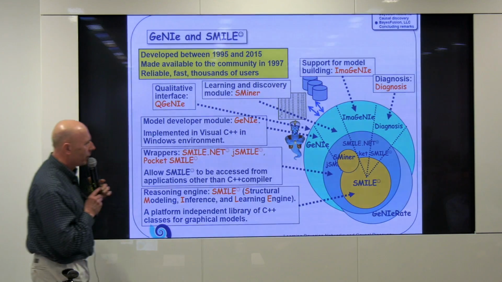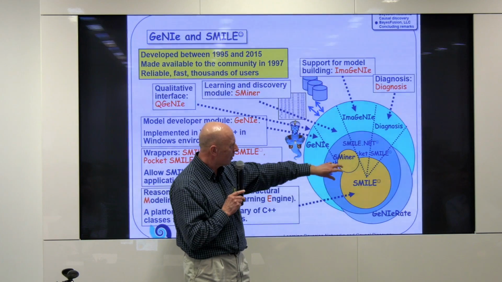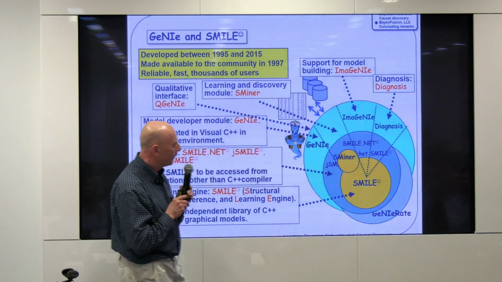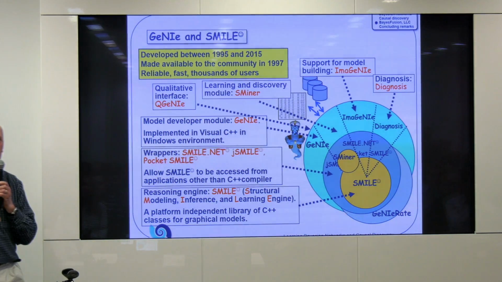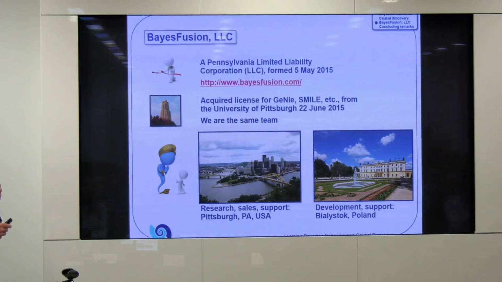We have an API in C++, fully portable, then wrappers for .NET, for Java, for pocket computers, for phones. And then GeNIe is the GUI that you saw interactively. We are based in Pennsylvania, but we have a development department in Białystok. That's not quite yet our office, but we are working on that.